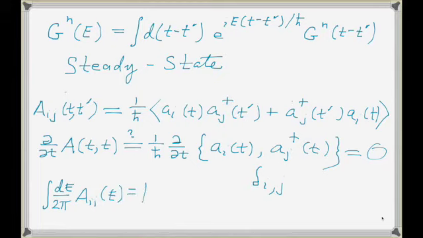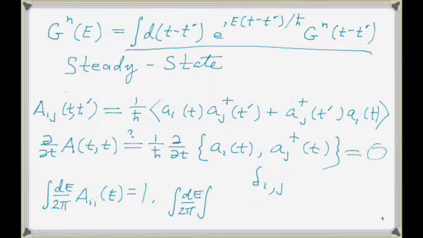I think you had to show that the hard way by doing some integration. If I look at the definition of A(E), it's related to A(t, t prime) like that: integrate dE over 2 pi, integral d(t minus t prime), e to the i E (t minus t prime) over h bar, A(t minus t prime).